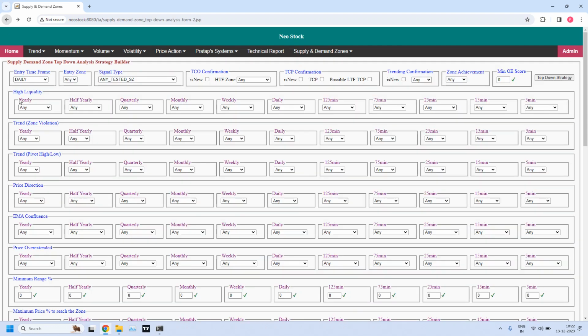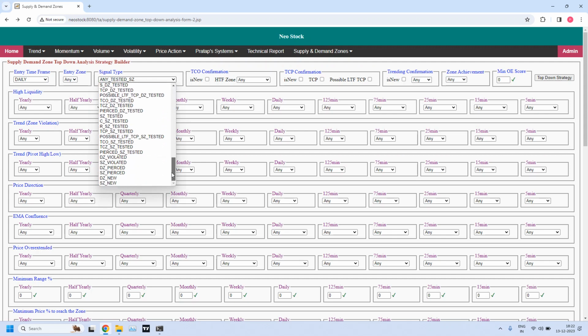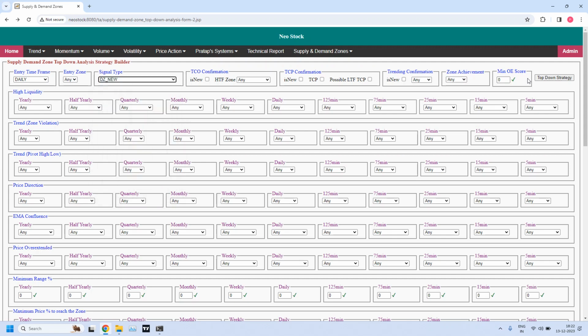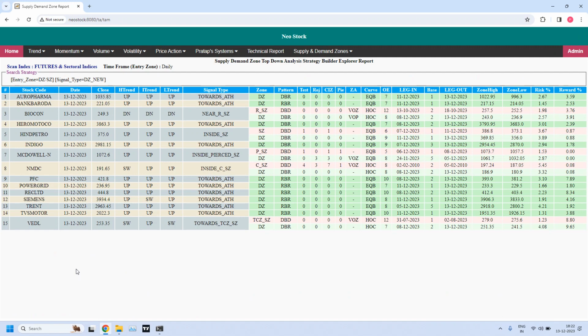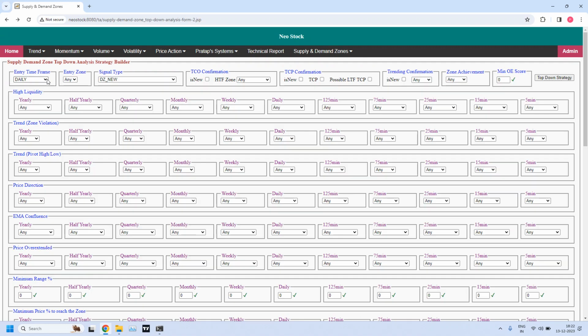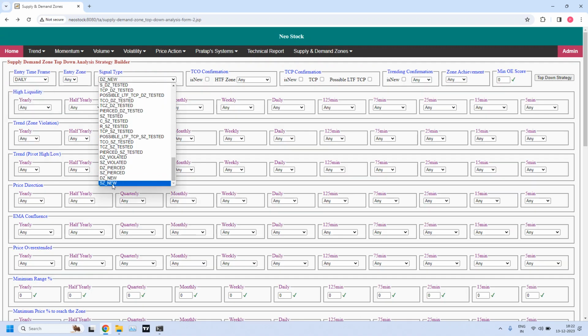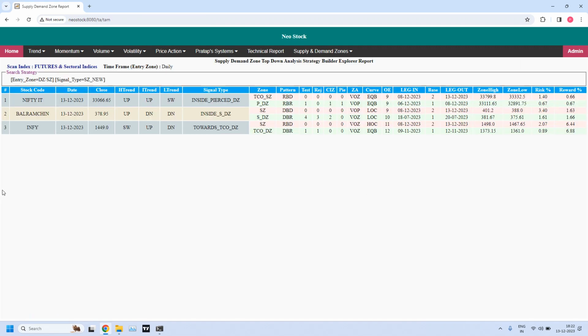So let's go back. For entry time frame daily, let us find the stocks having newly created demand zones. These 15 stocks have newly created daily demand zones. So let's go back. Entry time frame is daily. Let us find the stocks having newly created supply zones. These 3 stocks have newly created supply zones.